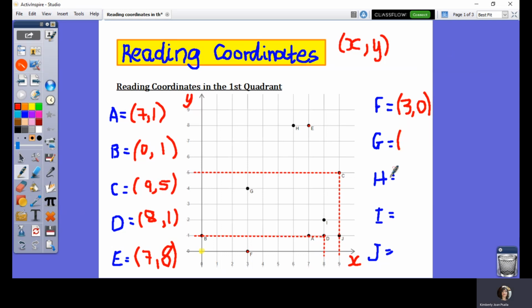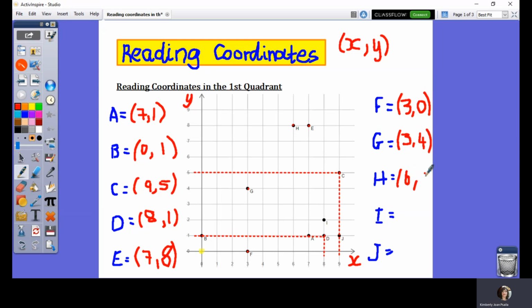Letter G. Now G is here. How did he move? He moved 3 to the right and 4 up. Therefore, the coordinate is 3, comma 4. Letter H, which is here, he moved 6 to the right and 8 up.